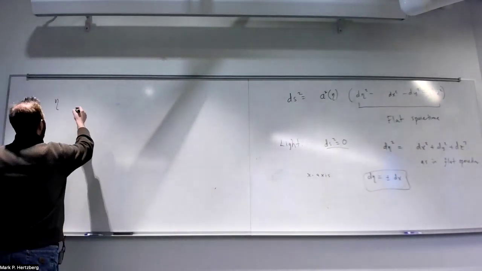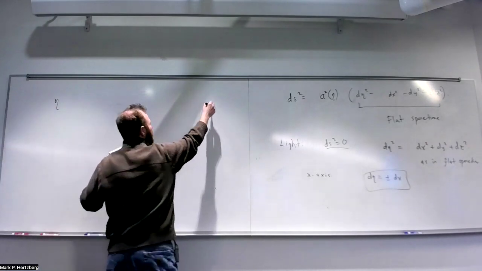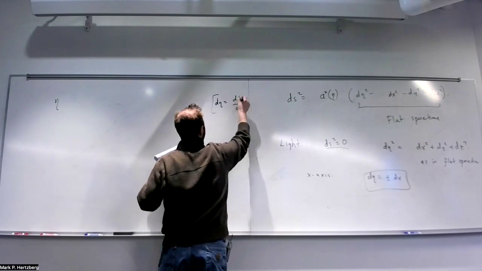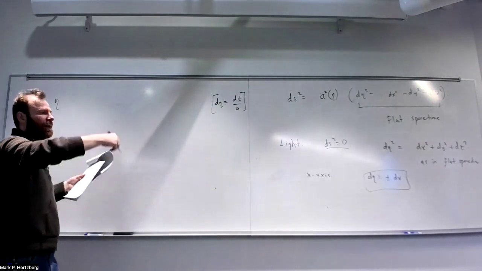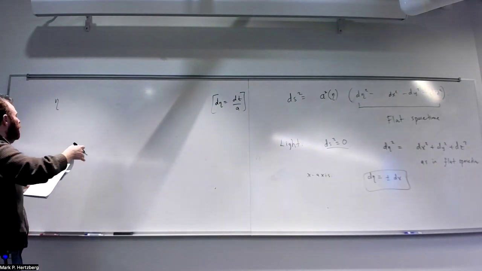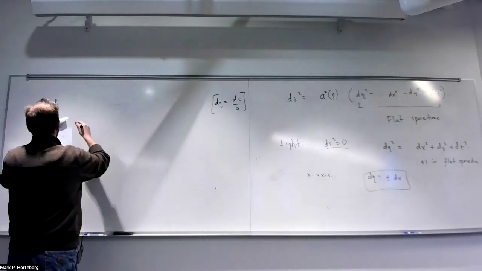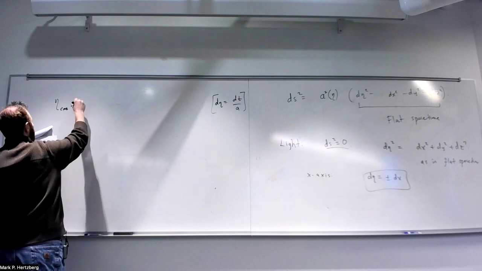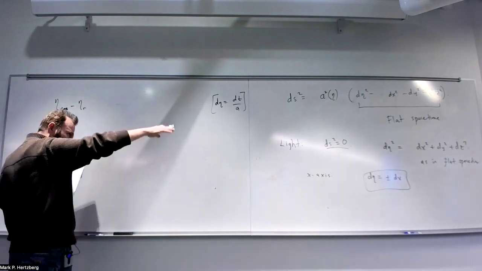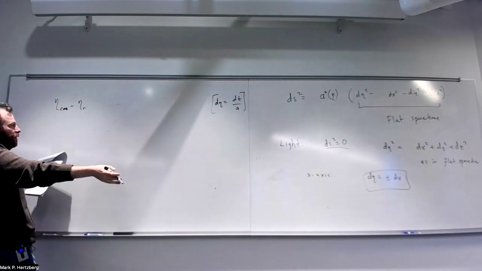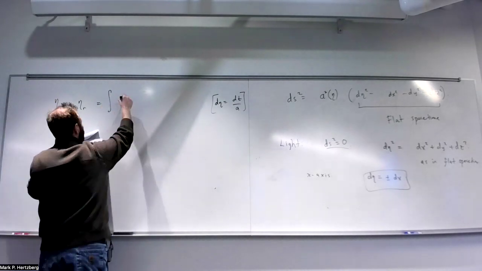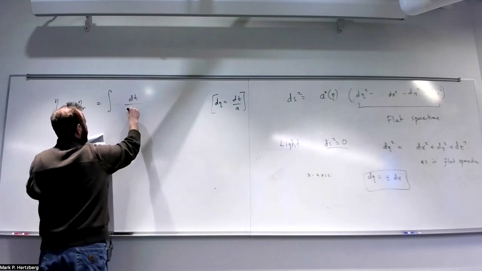Okay. So remember I wrote d eta is dt over a. I'm going to turn that into an integral, and I just have to think about my endpoints of integration. So eta CMB minus eta radiation, that first time interval, the red interval, if you like, is then the integral in time dt over a.